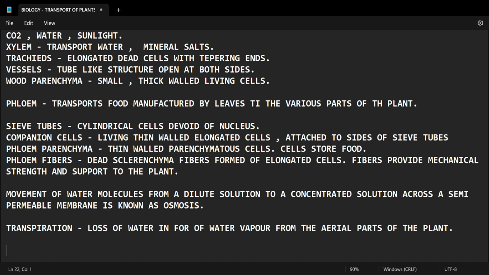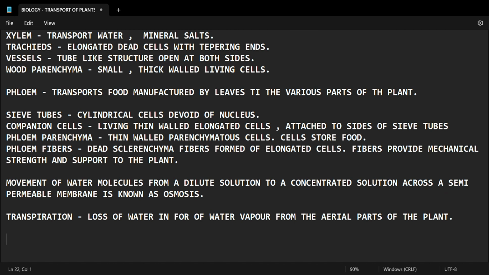That is called transpiration. As a result of transpiration, a suction force is created in the xylem vessel. This force causes the water to be pulled from the xylem in the roots to the stem and to the leaves. The pulling force is called transpirational pull.